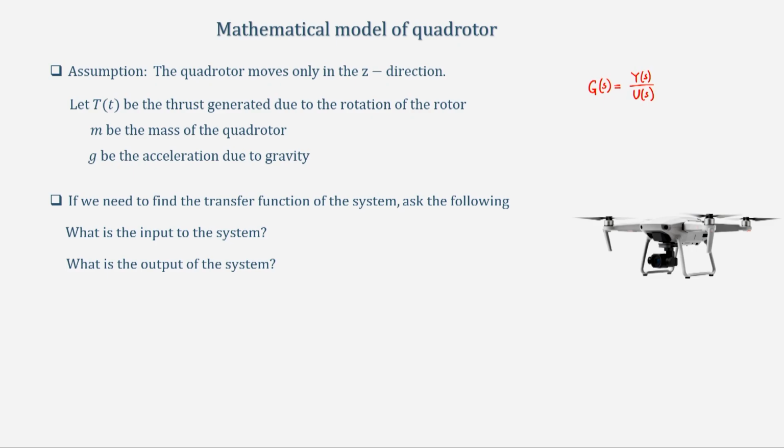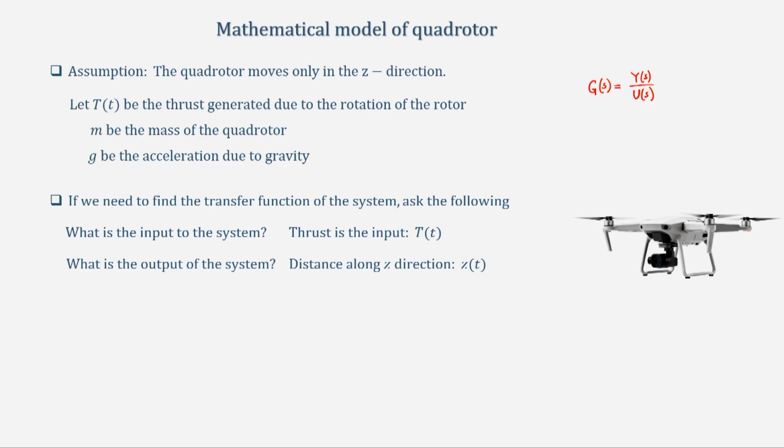So in order to find out the transfer function of a system, you should first know what is the input, what is the output. Unless you declare that, you do not even know for what variables you are finding the ratio. So in this case, let us say that the thrust variable is the input.